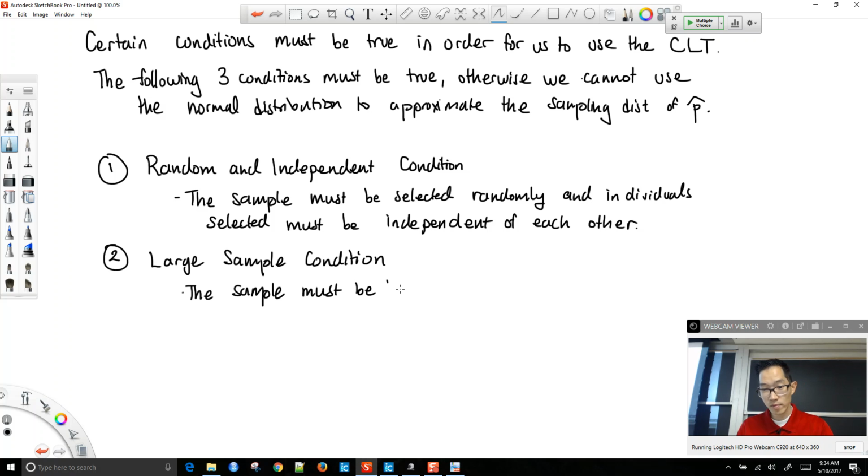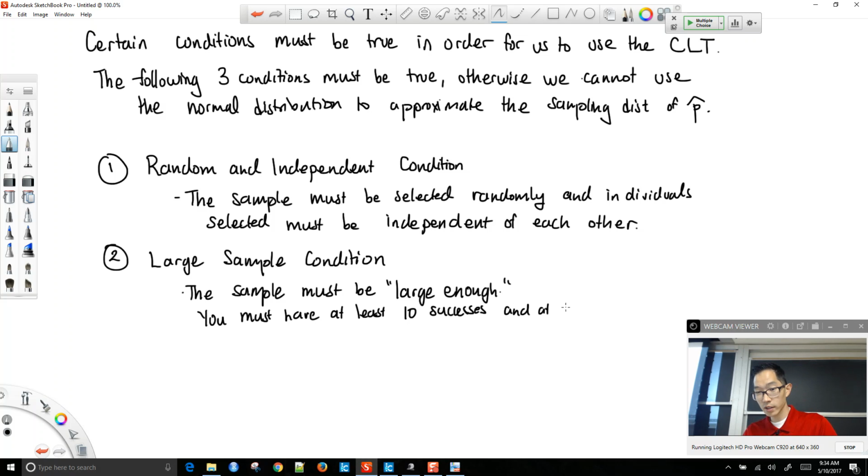Large enough is defined as: you must have at least 10 successes and at least 10 failures in the sample.